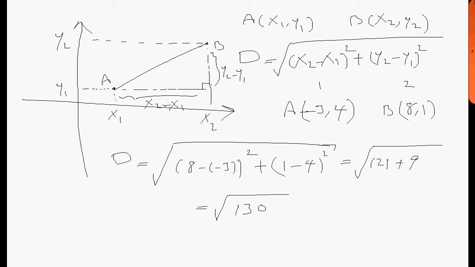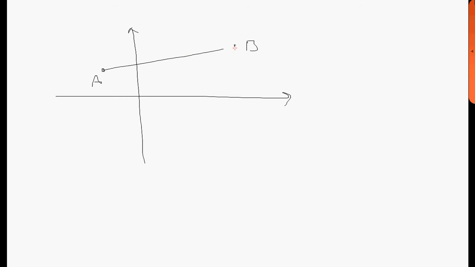One other formula from this section of the book is the midpoint. So what is the midpoint? If I have these 2 points, let's say point A and point B, and I connect them, I have the line segment AB, and this point here, which is right in the middle, is called the midpoint.